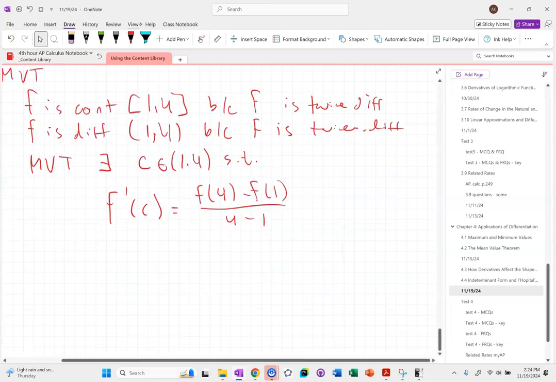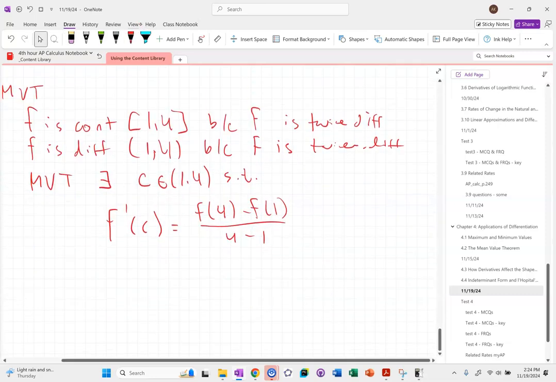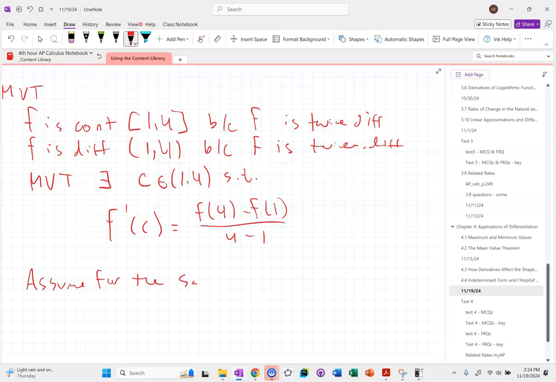All right, let's say this. Assume, for the sake of contradiction, that this is equal to 6.5.